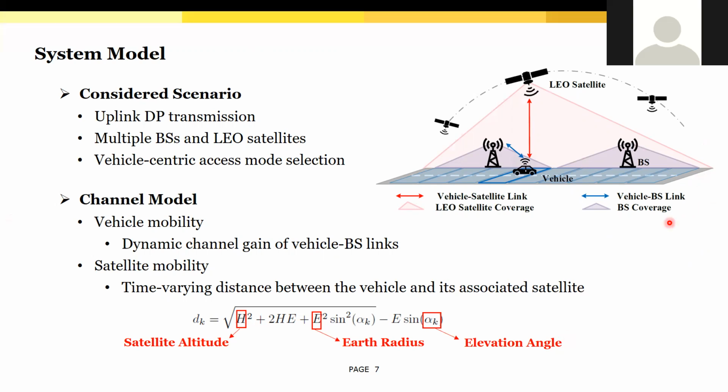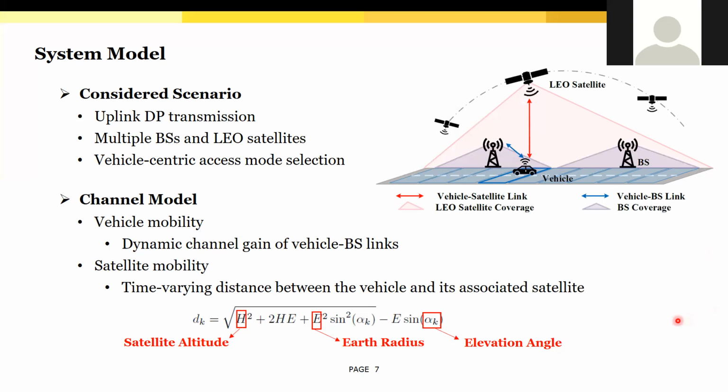It can select different access modes for DP (data packet) forwarding, like base station communication or satellite communication. Since different vehicles have independent service requests, we model the AMS for a vehicle, and this model can be easily extended for multiple vehicles.